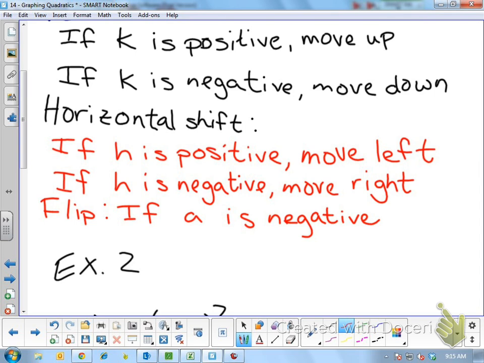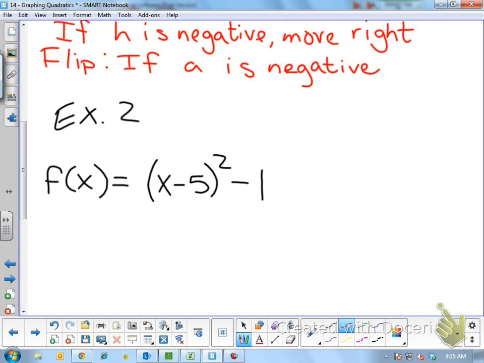So that's all the information we need to be able to graph these. Now our ultimate goal is to graph them by hand, not with the graphing calculator. Yes, we could graph them with the graphing calculator, but we want to know how we could do this without it. So let's look at this example.